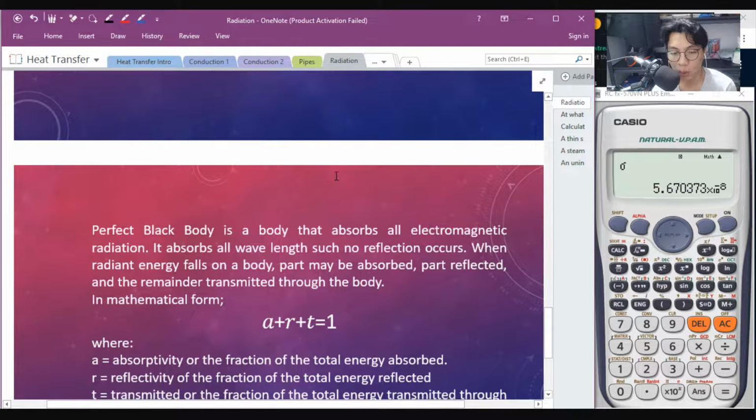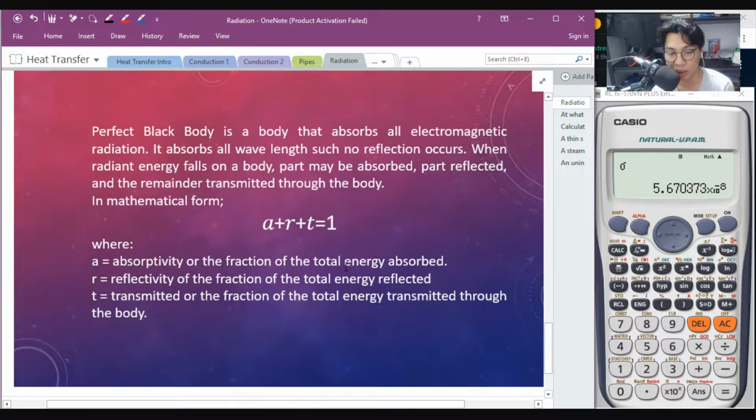When radiant energy falls on the body, part may be absorbed. Kaya kung perfect black body dyan, all of it may be absorbed, part reflected, and the remainder transmitted through the body. In a mathematical form, you can express it like this one. Alpha, the absorptivity, is the fraction of the total energy absorbed.